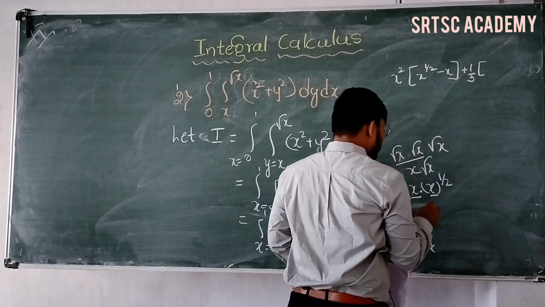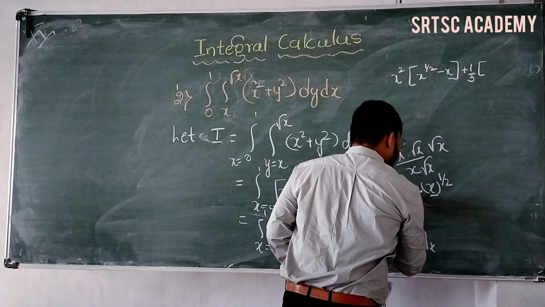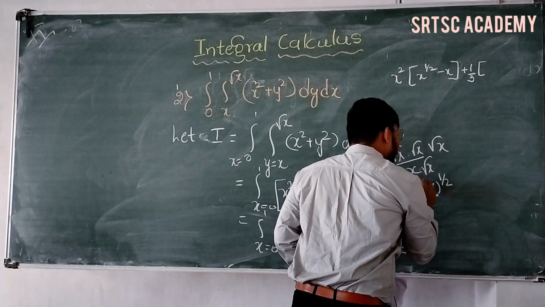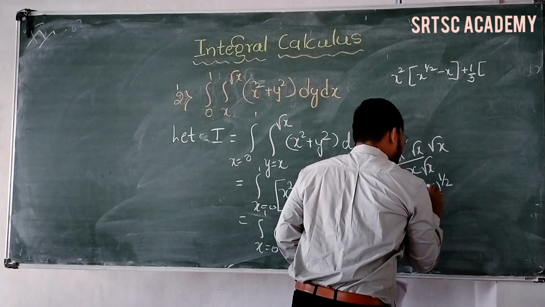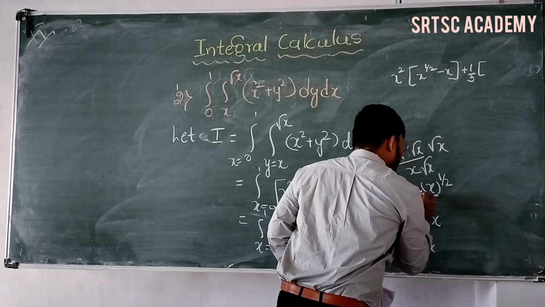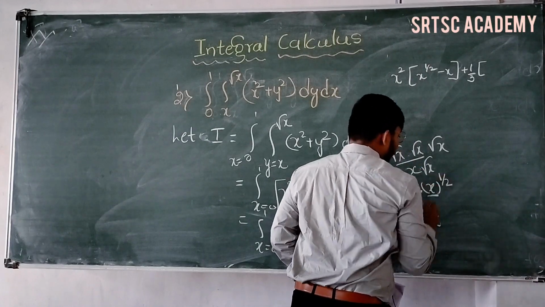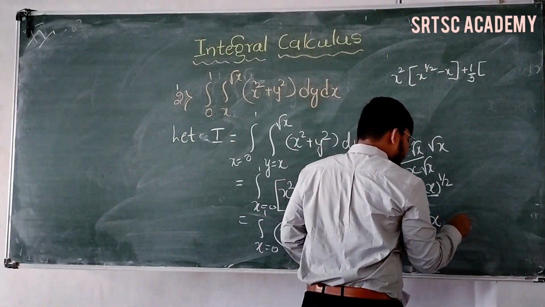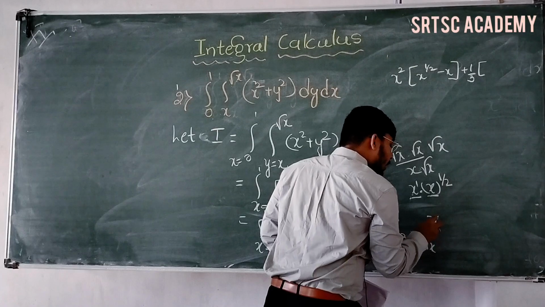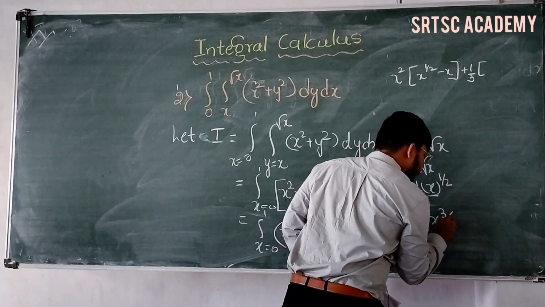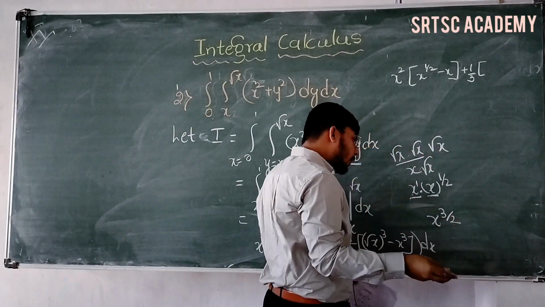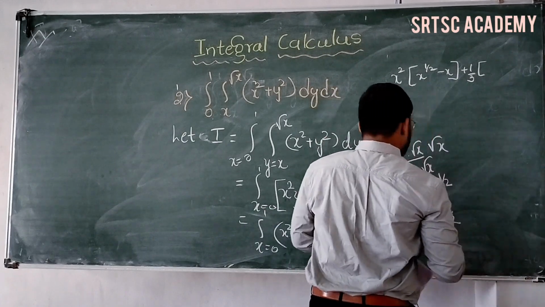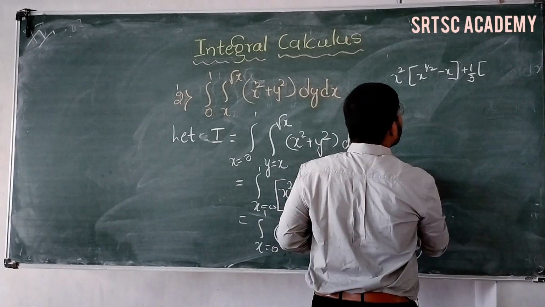According to the exponential rule, if the bases are same, then we can add the powers, right? So x to the power, here 1 is there and 1 by 2. 1 plus 1 by 2 means 1 and half, right? 1 and half means 3 by 2. So I will write it directly, okay?